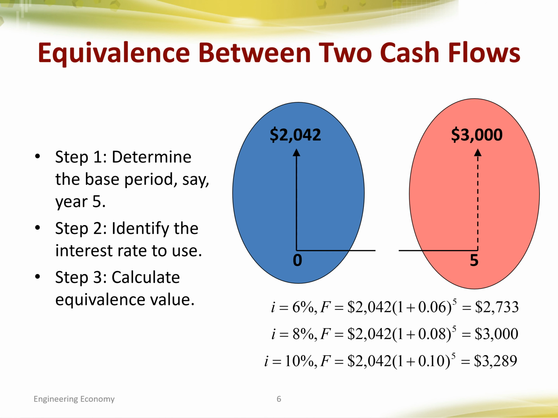And if we are considering 10%, then 3,000 at the end of period 5 is in fact of less value than 2,042 at the present time. So the use of the interest rate will influence our conversion of the value, and it could also cause us to make a wrong judgment.